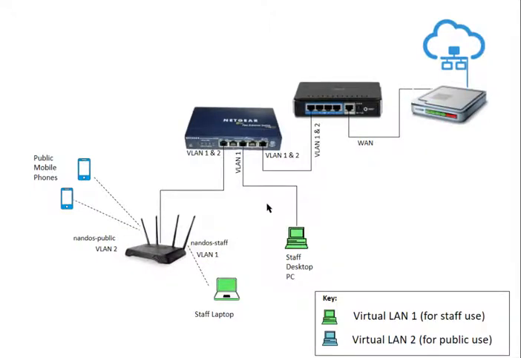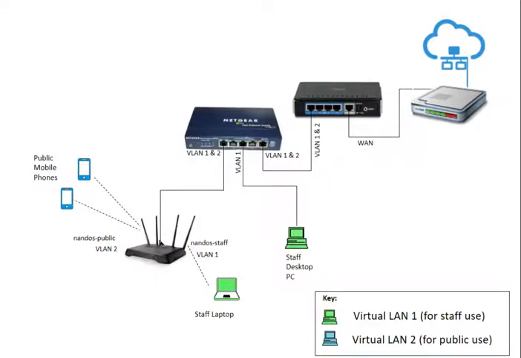If they then connected and set up for VLAN 2, you could then set up a wireless network called Nando's Public on VLAN 2.